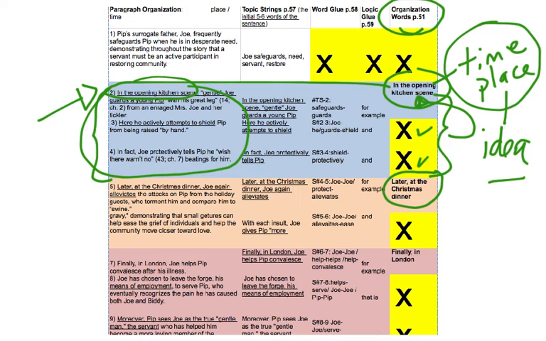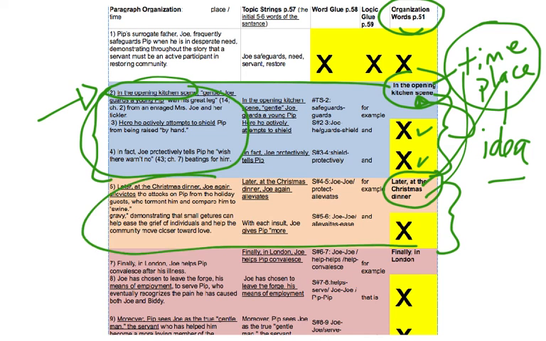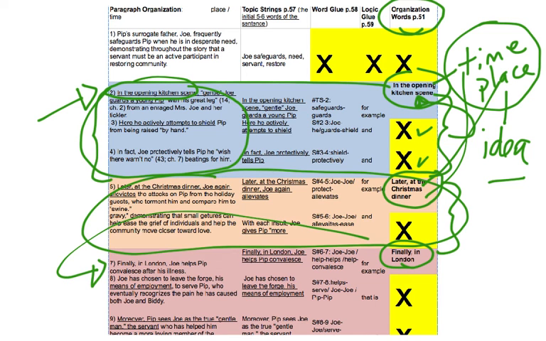So we've got two sentences here that deal with a different place and a different time. And that's how these chunks of sentences are organized, and then finally in London. So the trick is make sure you have some language in your actual sentence at the beginning of that section that indicates that you are organizing by either time, place, or idea.